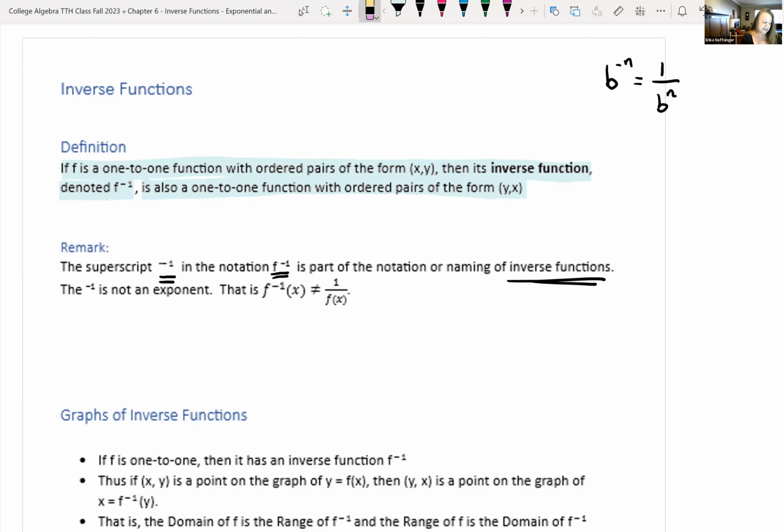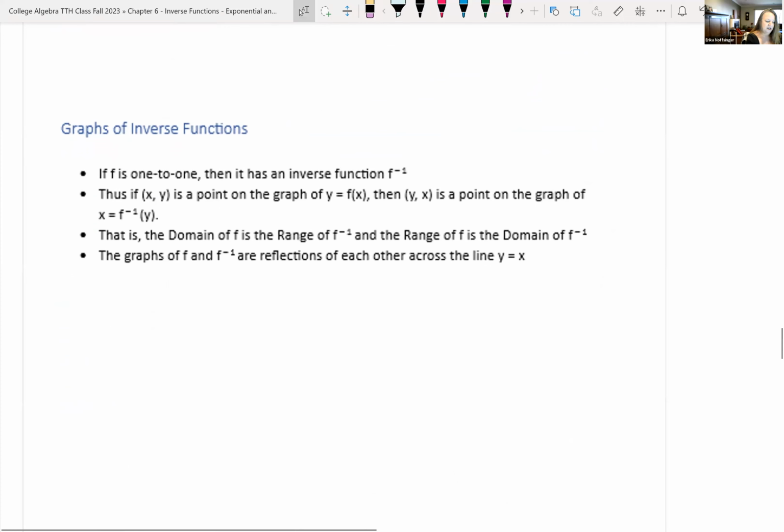There are certain things you should know about graphs of inverse functions. If f is one-to-one, then we know it has an inverse function. If (x, y) is a point on the graph of f of x, then (y, x) is a point on the graph of x equals f inverse of y.